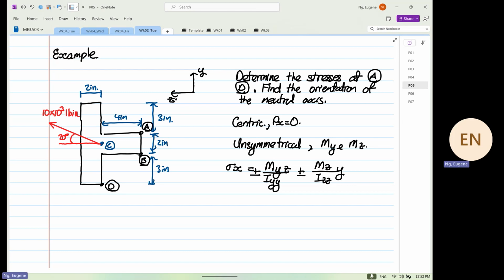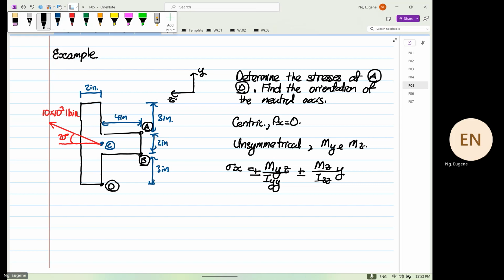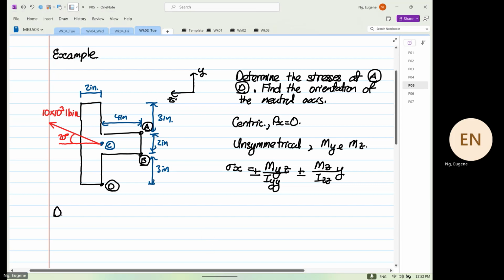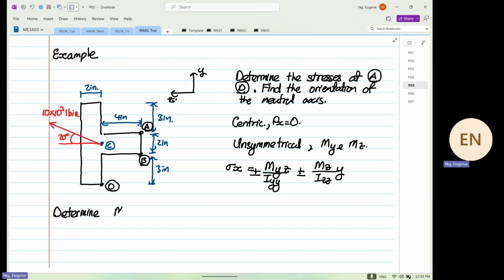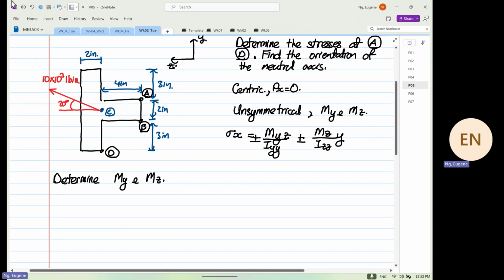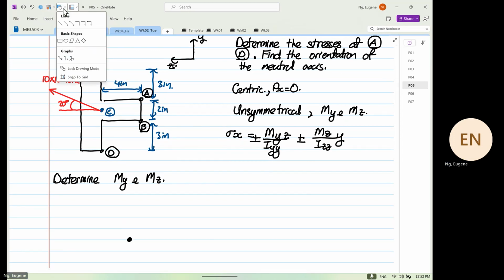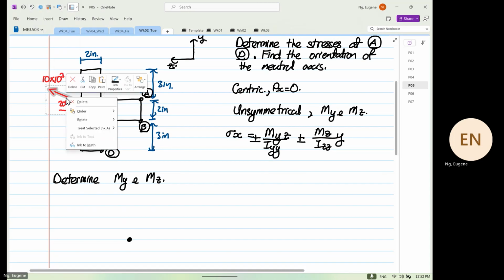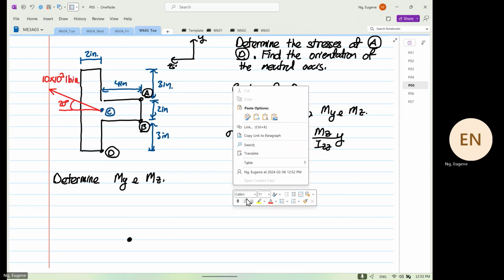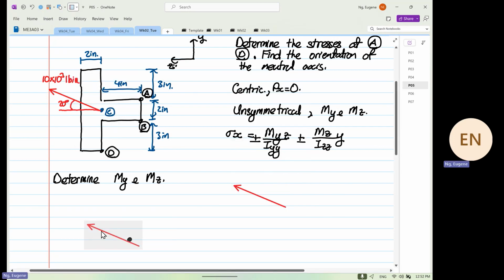Okay, so the first thing we are going to determine is the moment about y and the moment about z. Okay, so we know that we have 20 degrees. Right, we know that our moment vector is at 20 degrees.